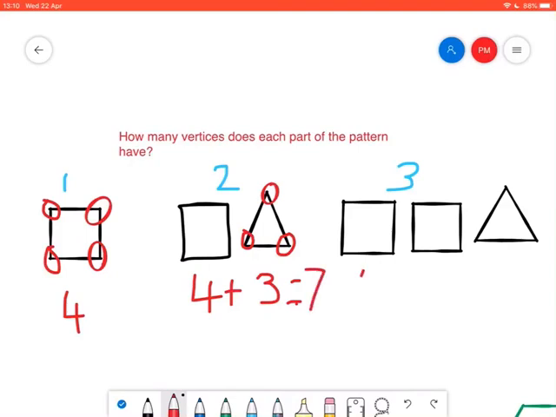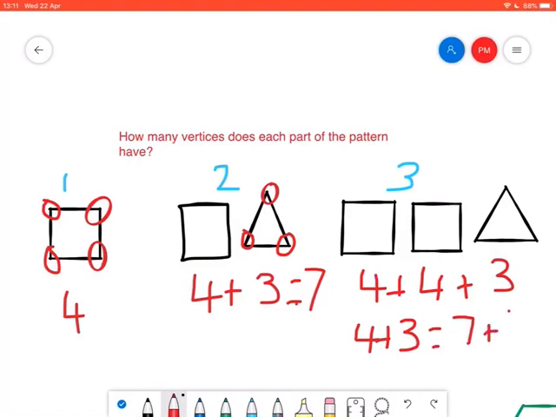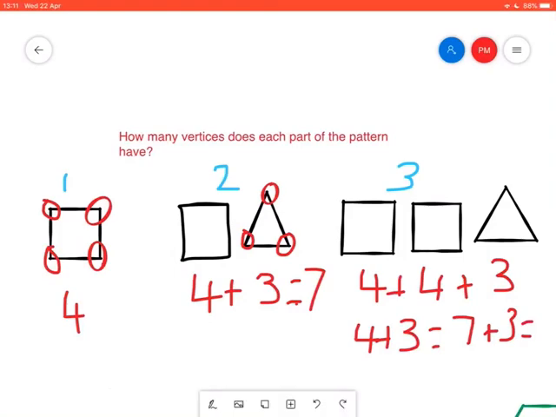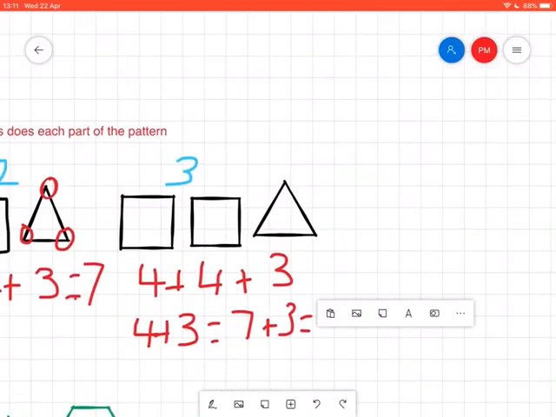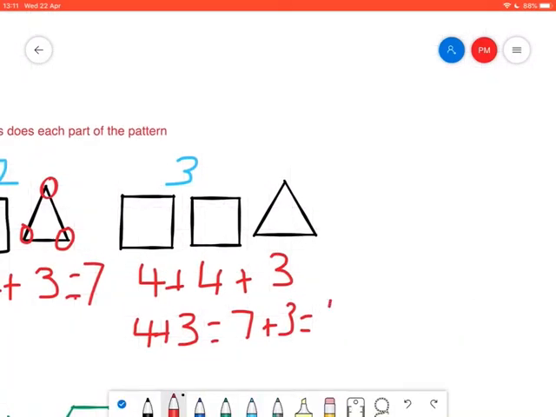We know square is 4, so 4 add 4, and add 3. If we break that down, we know that 4 add 3 is 7 from before. And then we add on 3, which gives us 10.